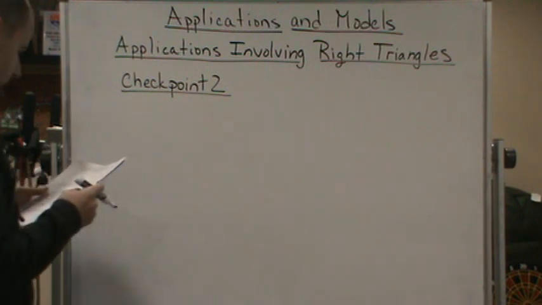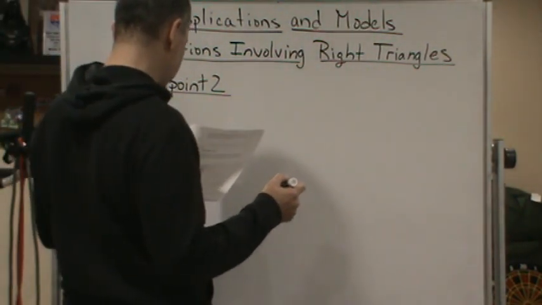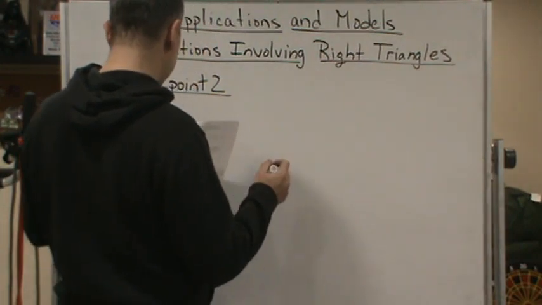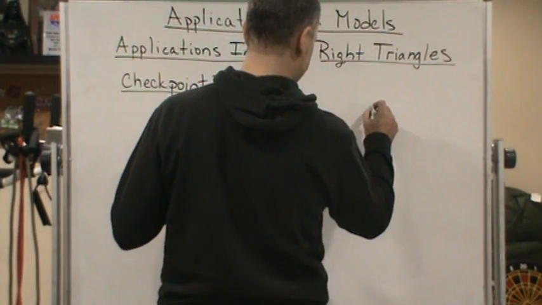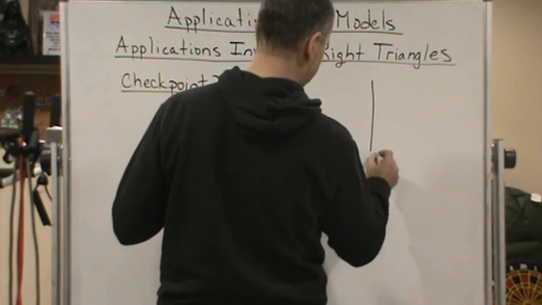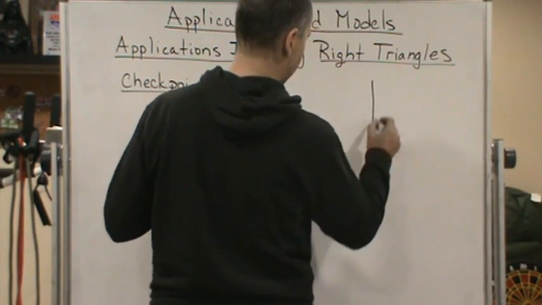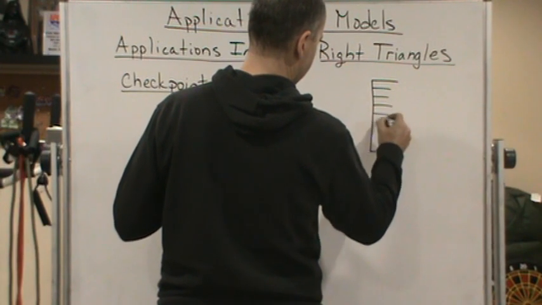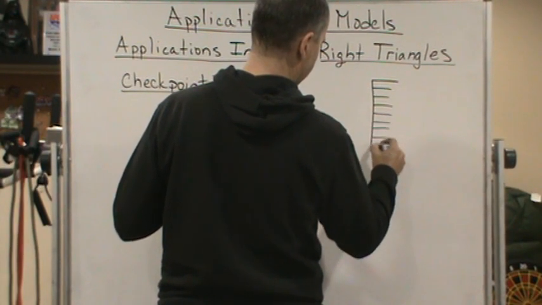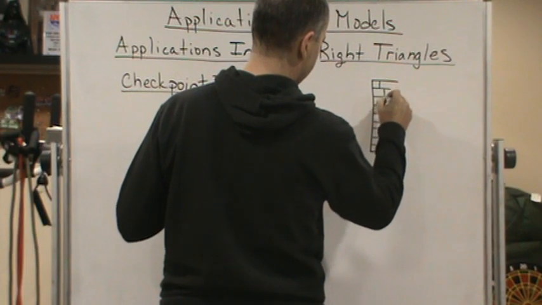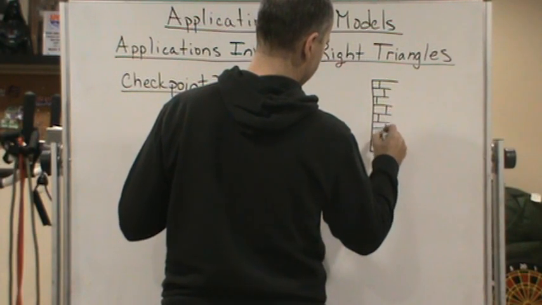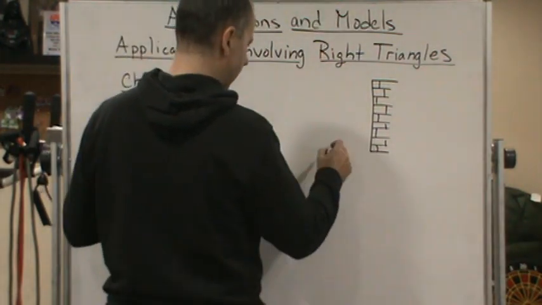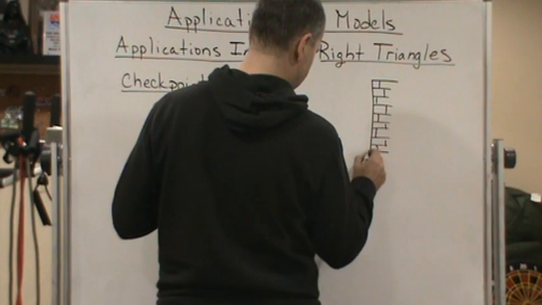Okay, so the first thing I'm going to do is draw 200 feet from the base of a building. So we've got a building here. So let's say here's our building, right? Okay, so there's our building, and so 200 feet from the building.